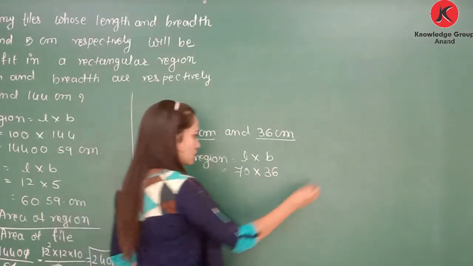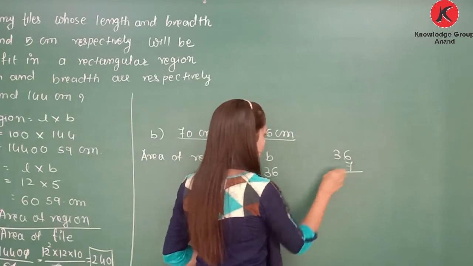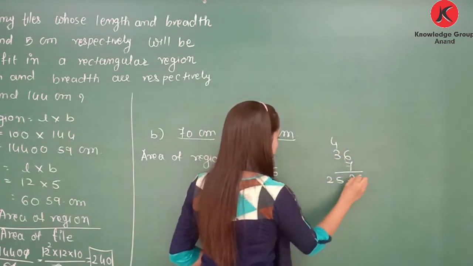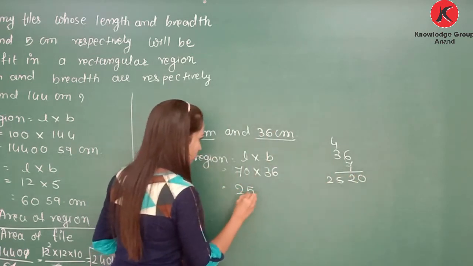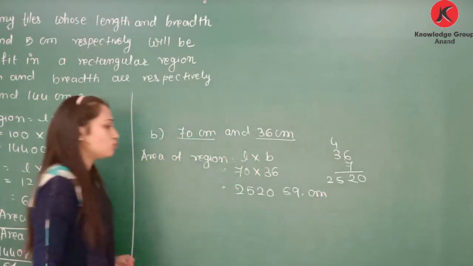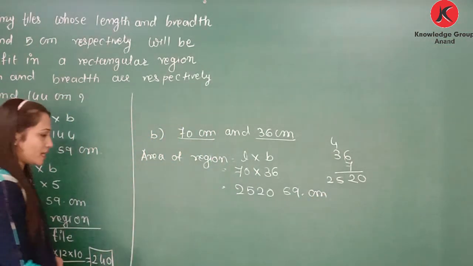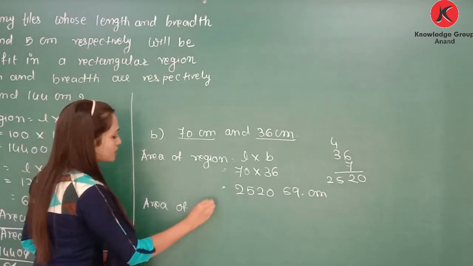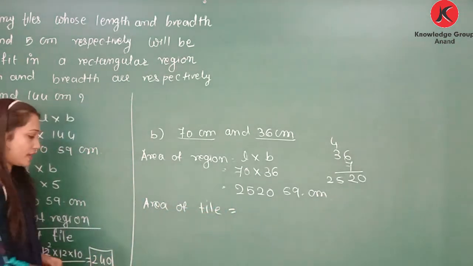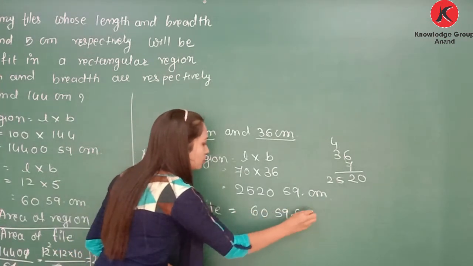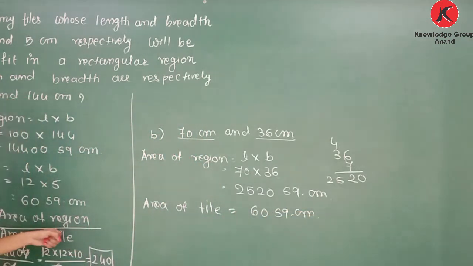So multiply 36 with 70. 2520 square centimeter. Because the measurement of tiles is the same, the area of a tile is again 60 square centimeter, that we already found in the first part.